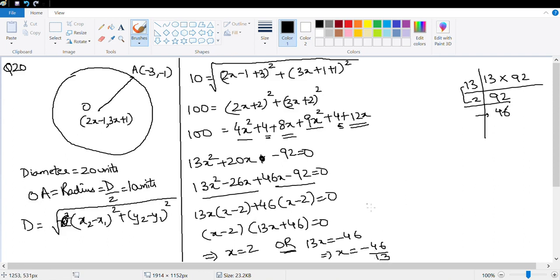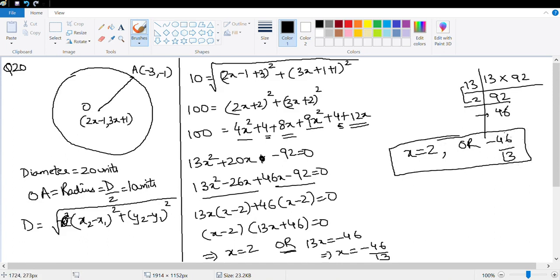So I get two values of x. Let's see if any condition is given. As per the question, no condition. So we need to find the value of x. So x is equal to 2 or negative 46 by 13. That's why it's important to read the question.